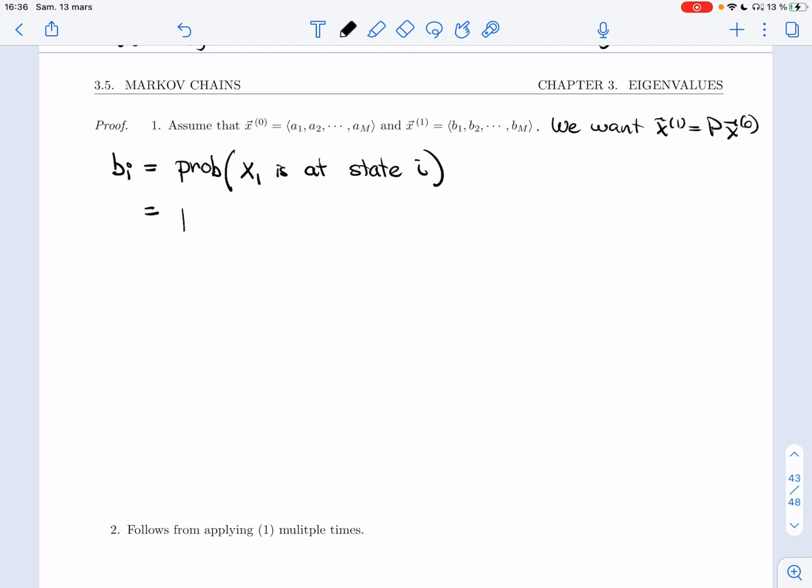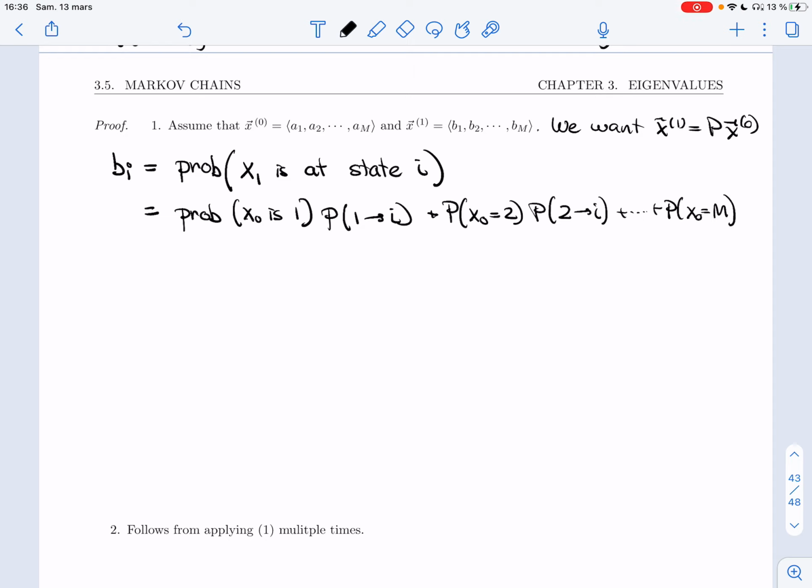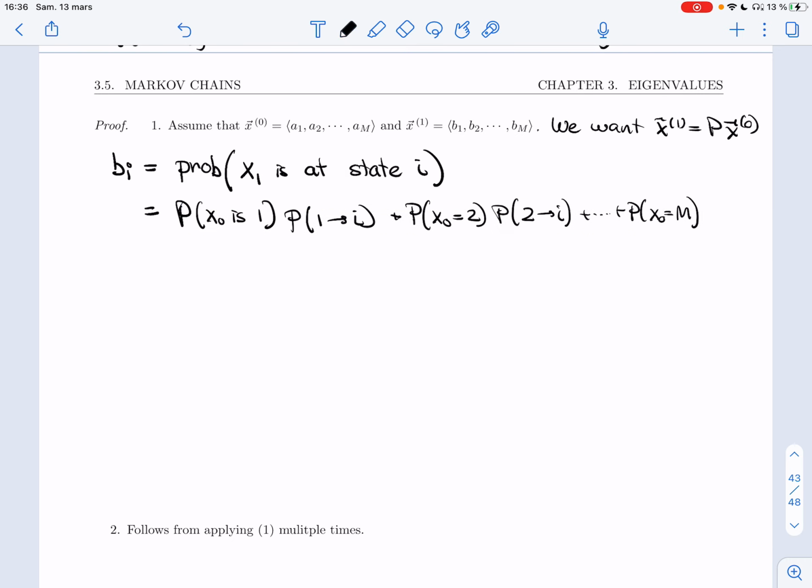I could have come from state 1 and then moved from 1 to i. Or I could have come from state 2 and then moved from 2 to i, and so on up to state m, and then the probability that you go from m to i.